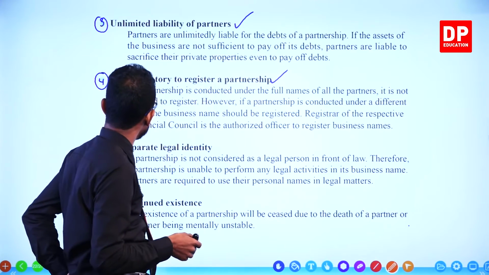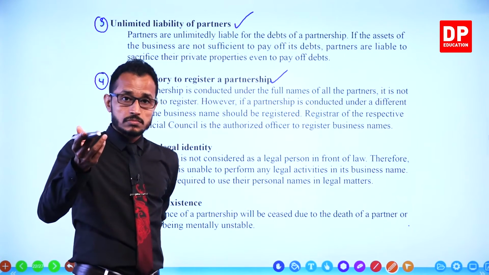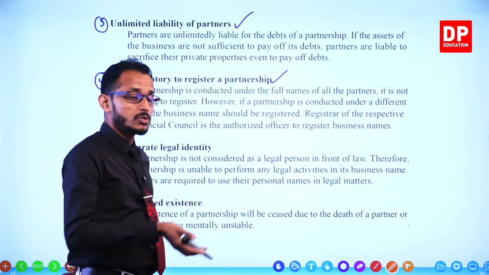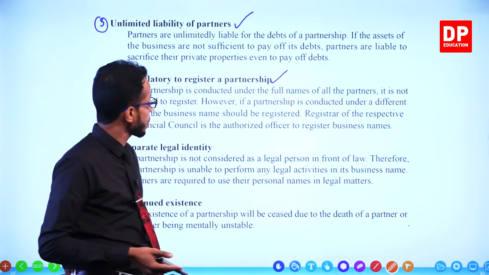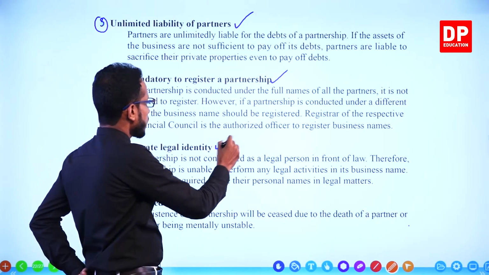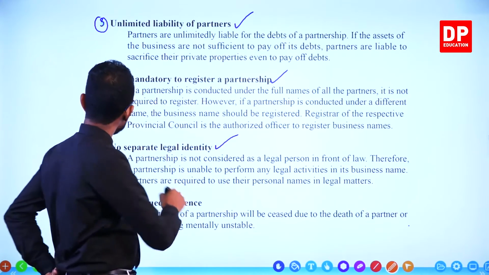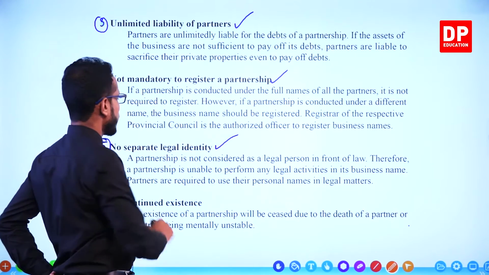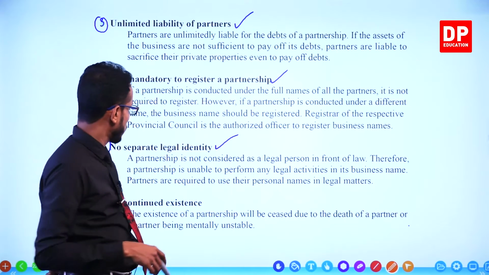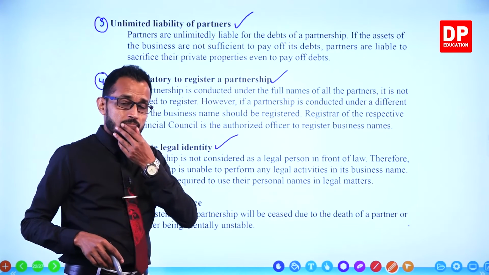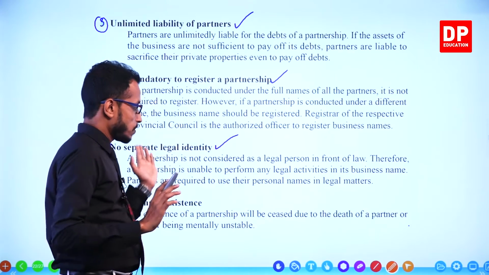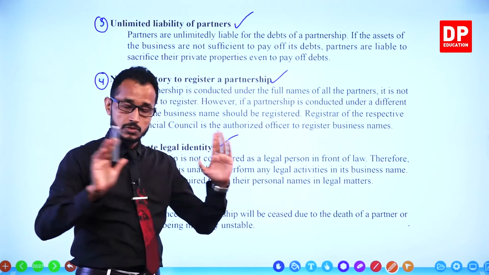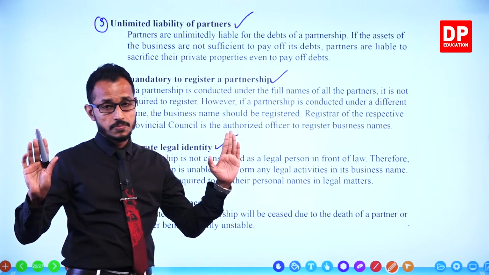You know how it is. I mean, why is it needed to register? No separate legal personality, no separate legal identity. Same thing, okay? As with sole proprietorships, even partnerships do not have a legal personality.